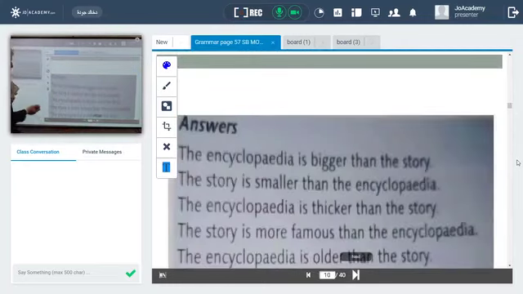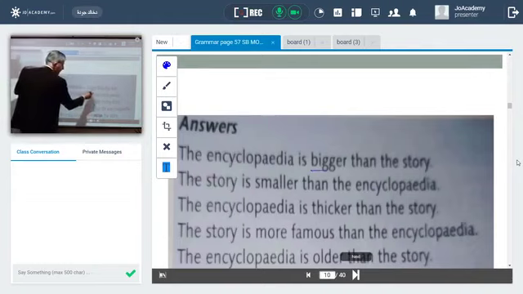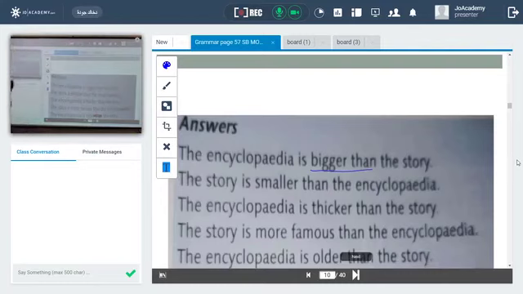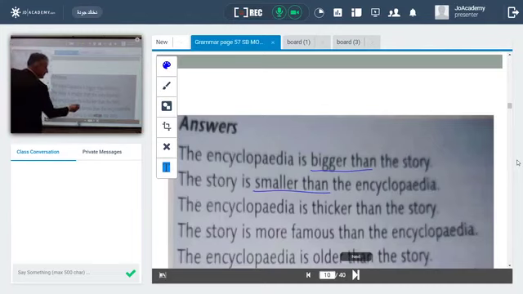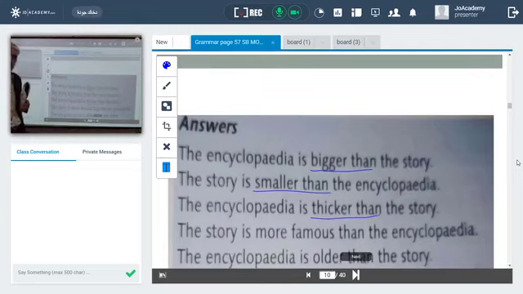Here we have the encyclopedia is bigger than the story. It's bigger than the story. The story is smaller than the encyclopedia. It is smaller than the encyclopedia. The encyclopedia is thicker than the story. The story is more famous.